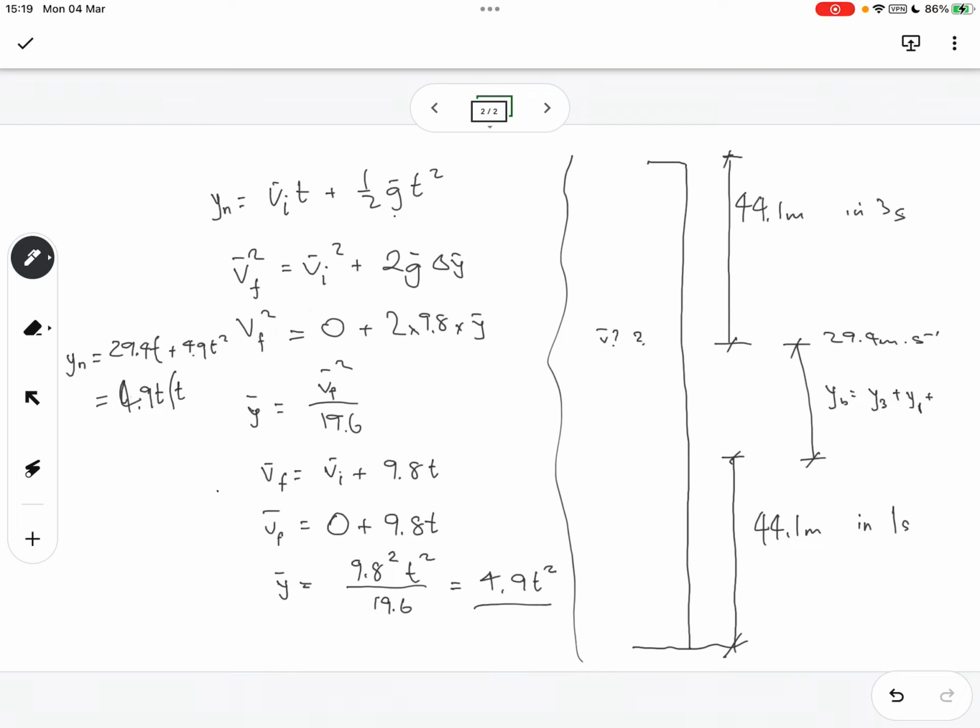What does that give us? 6. So I'll have 4.9 t into t plus 6. So 4.9 t times t plus 6 will give us this distance there.